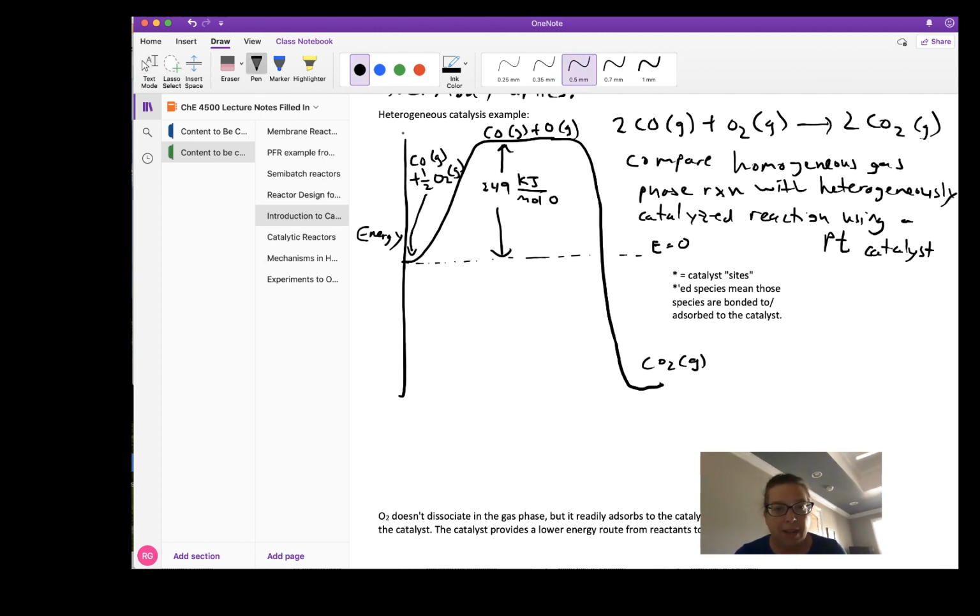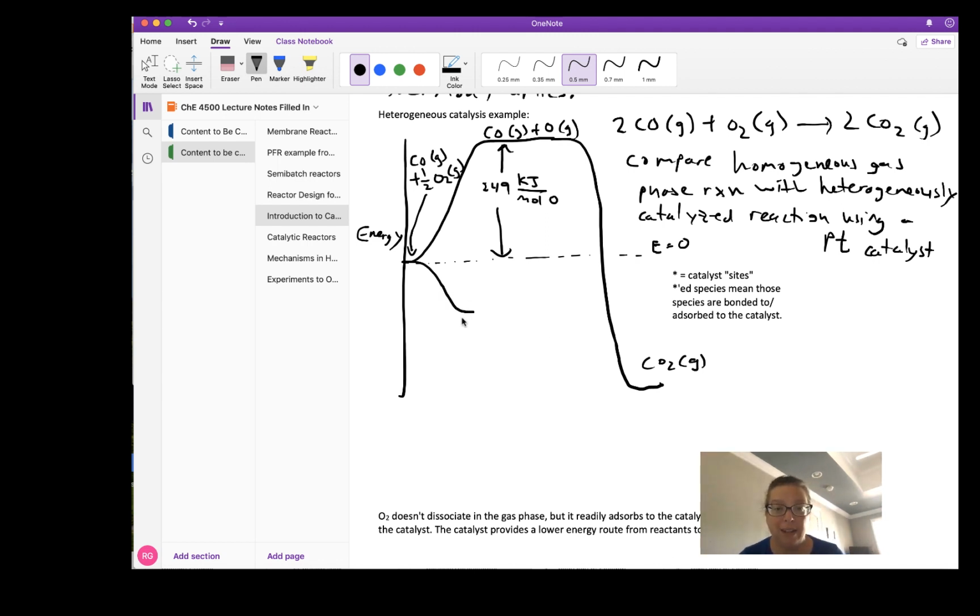Carbon monoxide and oxygen will both bind favorably to that platinum catalyst. The oxygen molecule will favorably break on that platinum catalyst, and the energy pathway is far more favorable than the gas phase pathway.